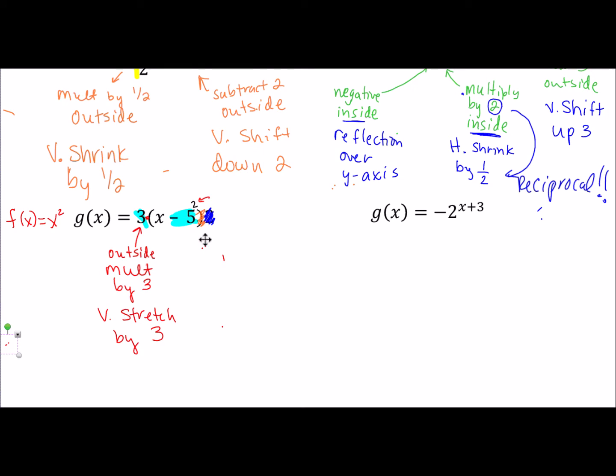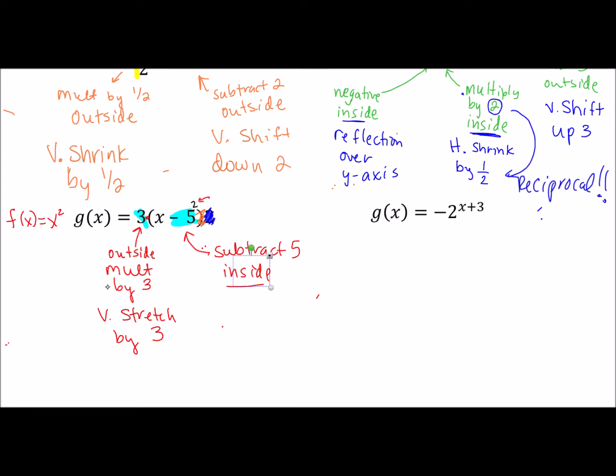Okay, inside here, I'm subtracting 5. And where am I doing it? Now you can see I've put those parentheses in because that separates the inside and outside. Now, bells and whistles going off in your head.